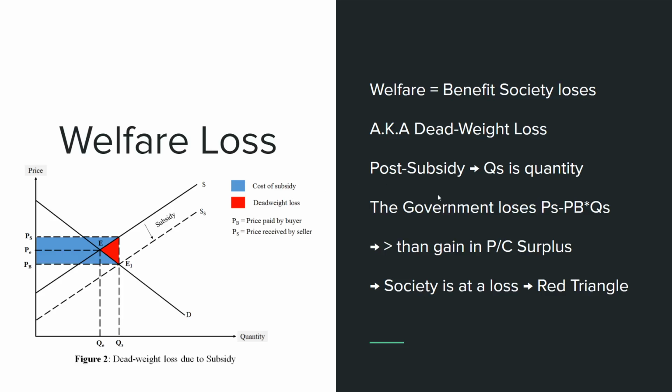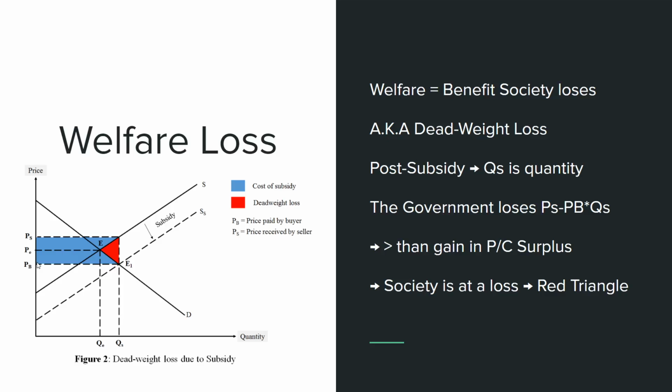The government pays this whole entire region here, right? Including the red and the blue. Because remember, we talked about in the third slide that what the government pays for the subsidy is PS minus PB times QS quantity. And so the government loses this much.